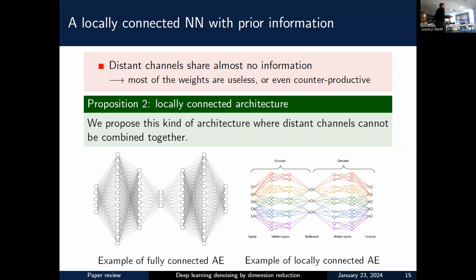This prevents the encoding of channels that share almost no information, and will reduce the number of weights in the network by something close to 90%, which is very important. A network with fewer parameters will be easier to train, and we obtain results that are more interpretable.